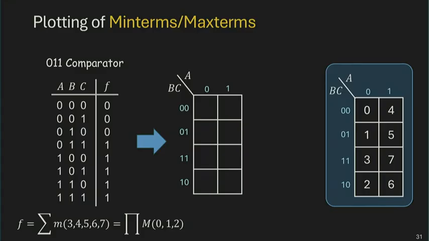So this function has minterms 3, 4, 5, 6, 7, and I put down ones: 1, 1, 1, 1, 1. And 0, 1, 2, those are my maxterms, so I just fill it out with all zeros. Now you just converted a Boolean function between truth table, minterm and maxterm expansion, and also Karnaugh map. These are three equivalent representations.